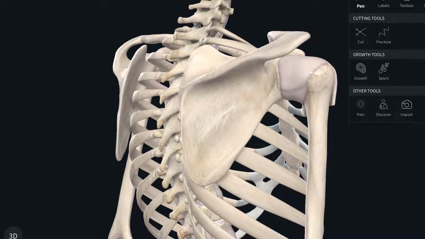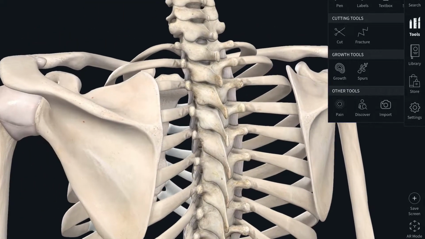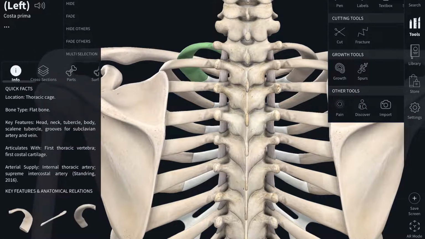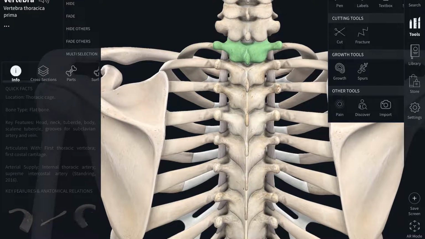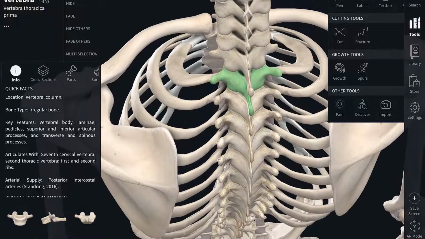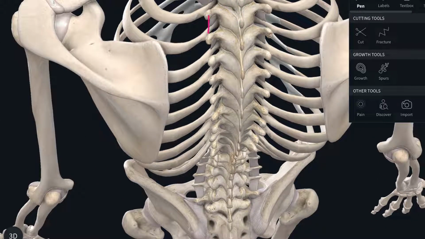So we have 12 pairs of ribs articulating with the 12 vertebrae. We start from the top: the first rib connects to the first thoracic vertebra, and so on and so forth, meaning all of these have a corresponding rib.